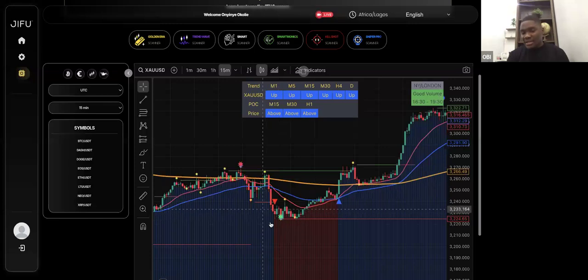Once you see the candlesticks start coming back towards the line from above, when the line is above and the candlesticks begin to come back towards the line, run away. When you see the candlesticks go below the line, start looking for sell.